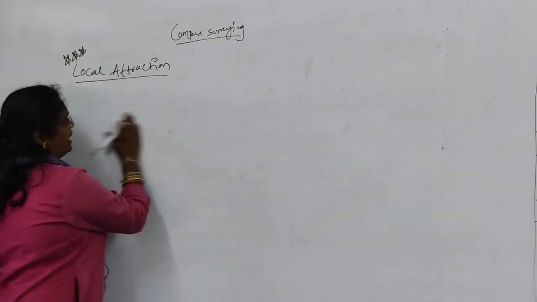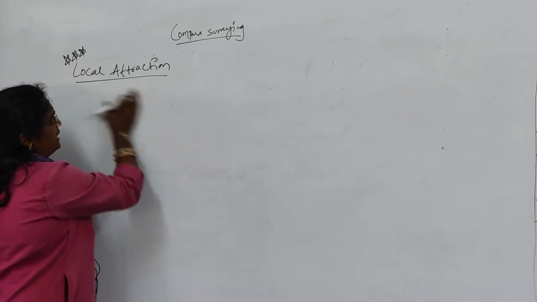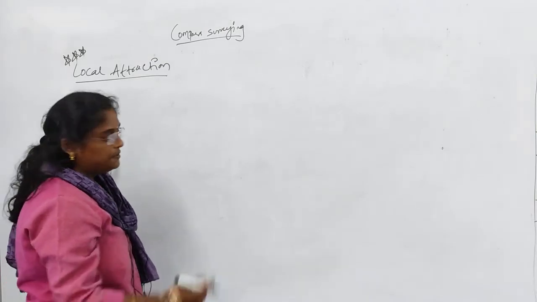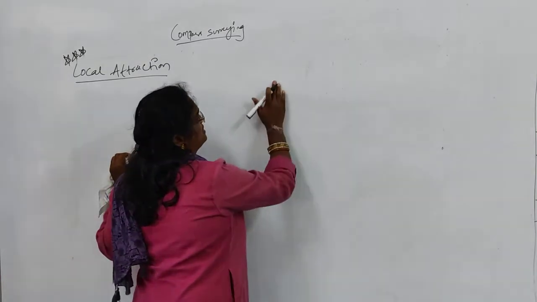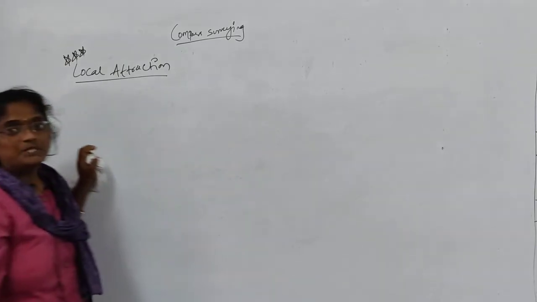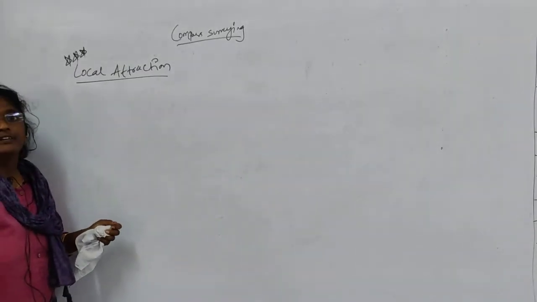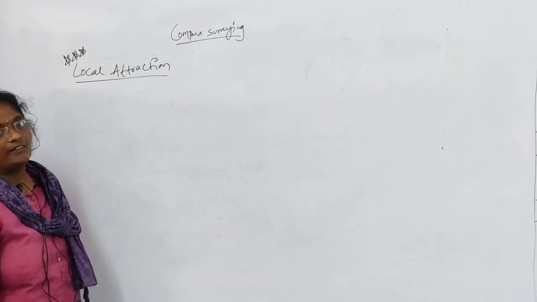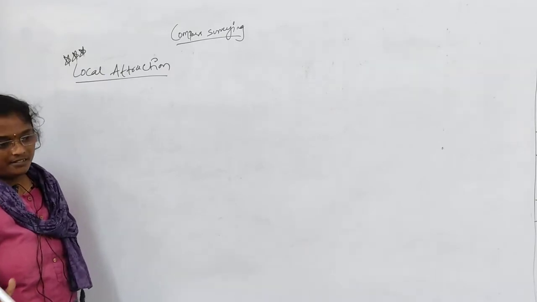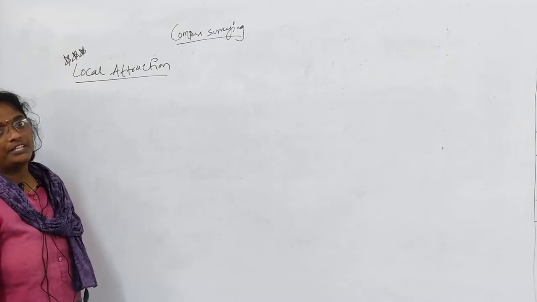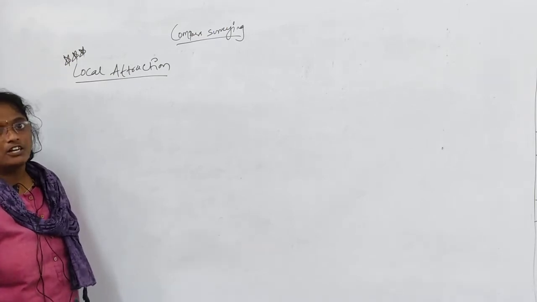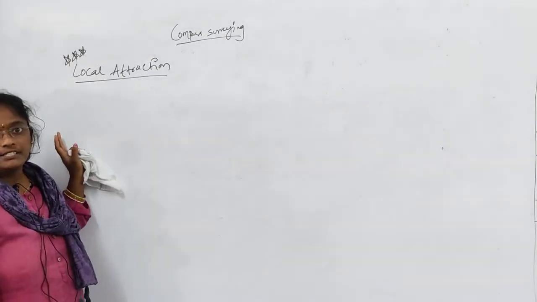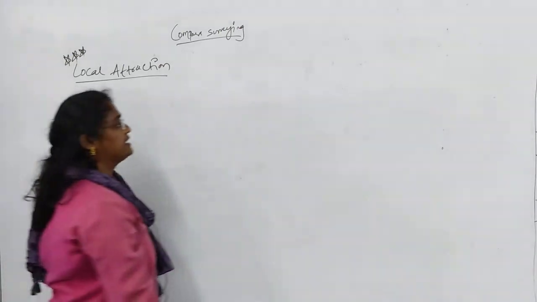So let me tell you why they are calling it local attraction. I have already told you your prismatic compass consists of a magnetic needle. Whenever the magnetic needle comes into contact with iron material, steel material, iron rods, poles, current poles, what will happen?